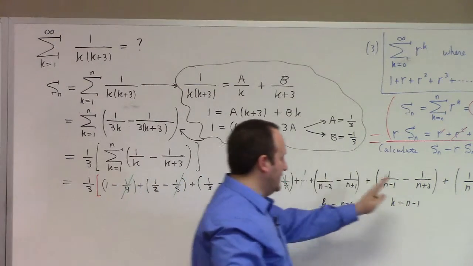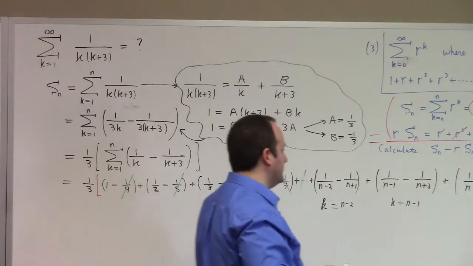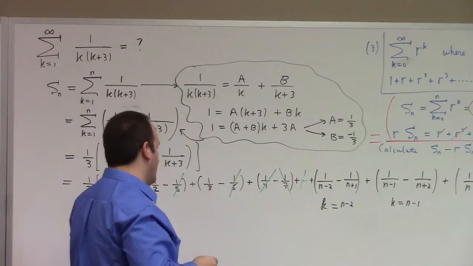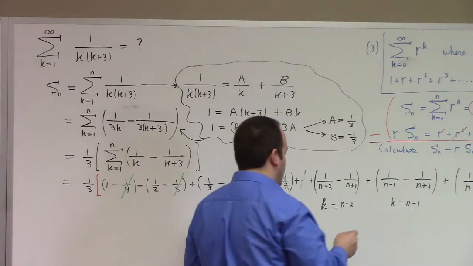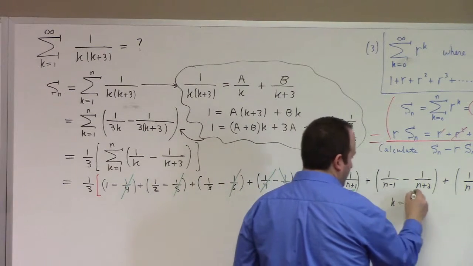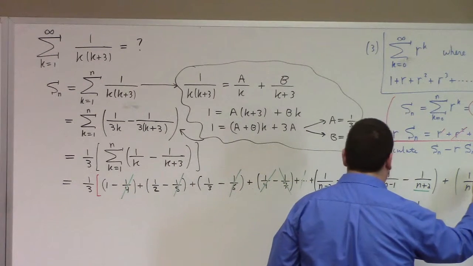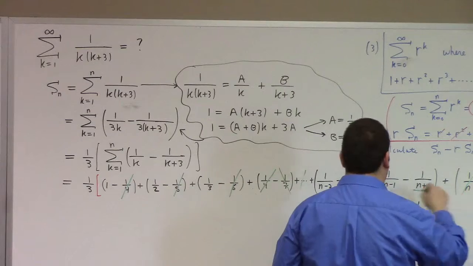How about over here? What survives on the other side? Minus 1/(n plus 1). So this and that survive, but these cancel.